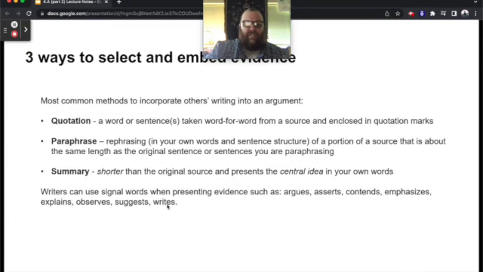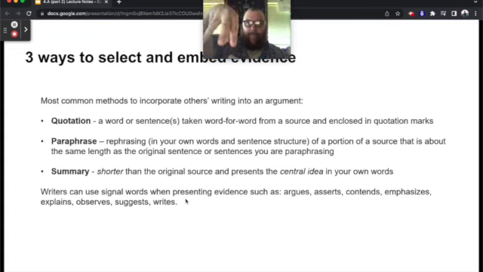So writers can use signal words when presenting evidence, such as, let's say, Obama. President Obama argues or asserts or contends, emphasizes, explains, observes, suggests, writes, right? Remember, we talked about that in one of the past lectures, I believe it was the last one.